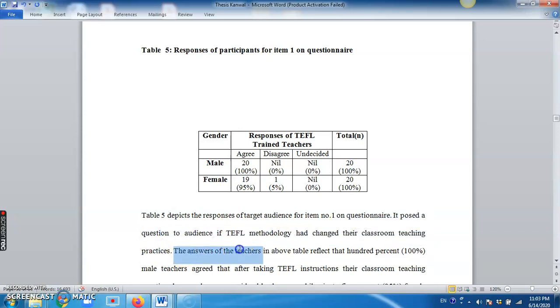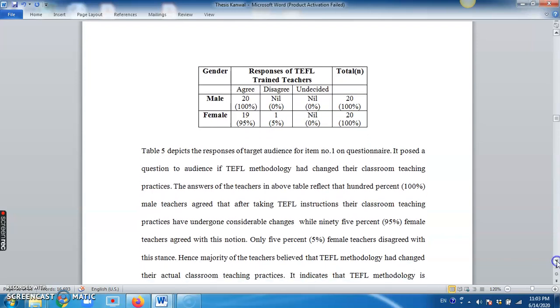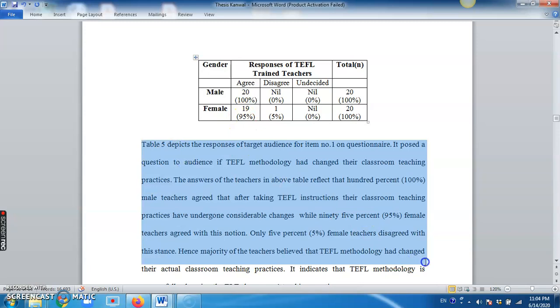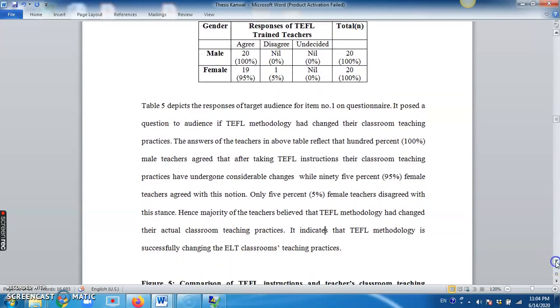The answers of the teachers in the above table reflect that 100% male teachers agreed that after taking TEFL instruction, their classroom teaching practices have undergone considerable changes. So now you have to introduce the table first, and then discuss the data, and at the end you can say it indicates that TEFL methodology is successfully changing the ELT classroom teaching practices.